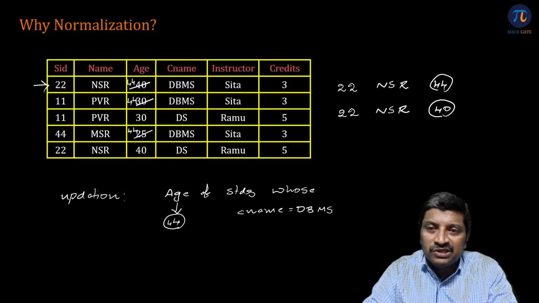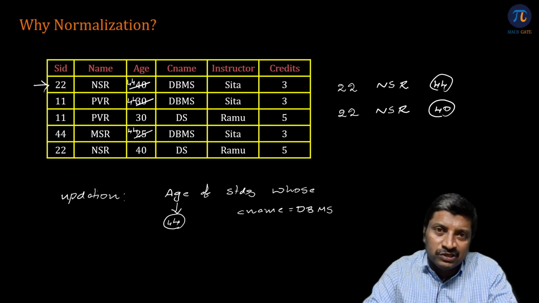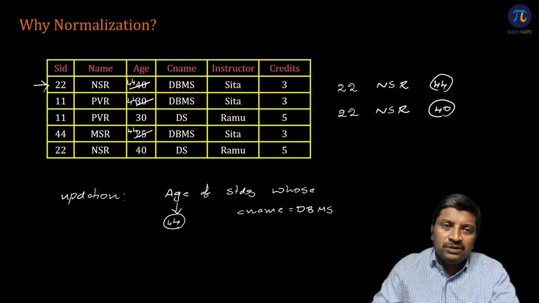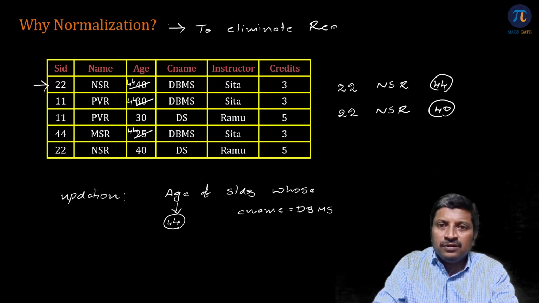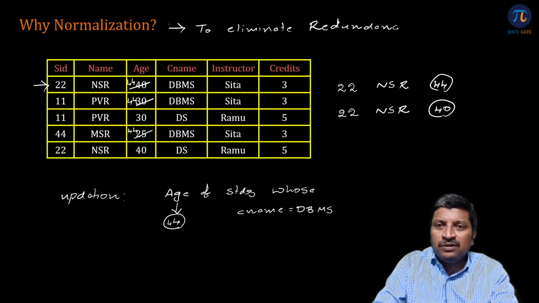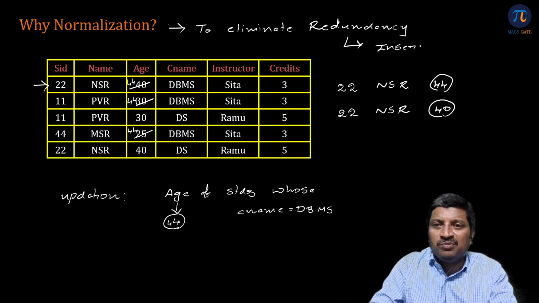Which age do I need to consider for the particular student NSR? Hope you understood it. So why do we need normalization? Mainly to eliminate redundancy. If you don't eliminate redundancy, what are the problems? The problems that arise are insertion anomalies.